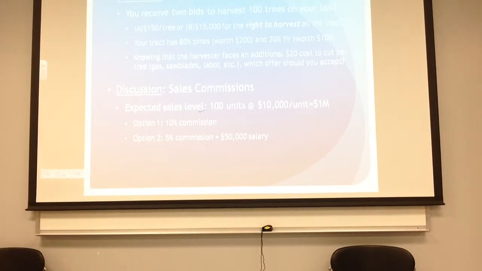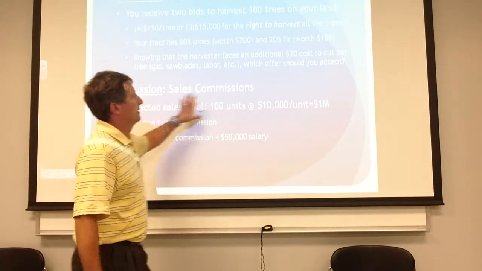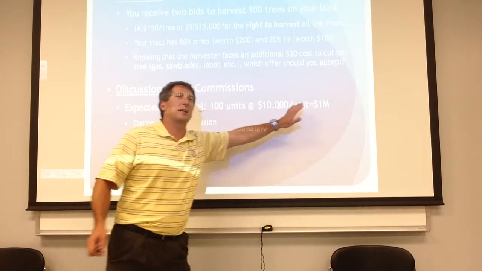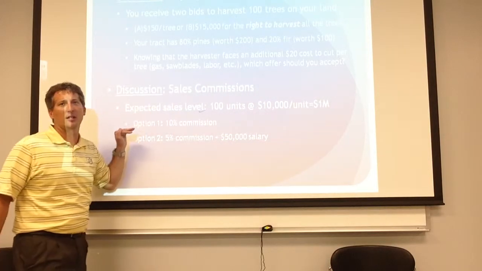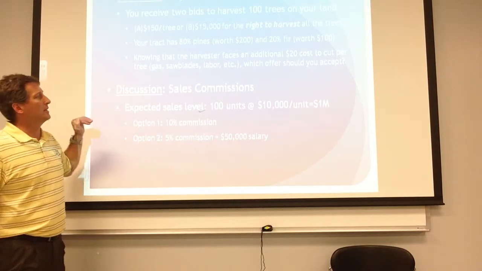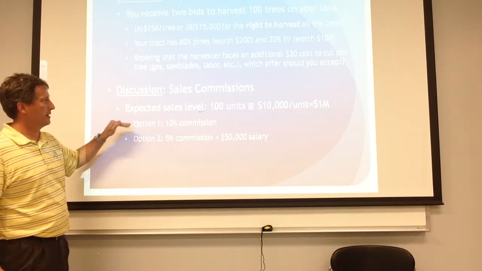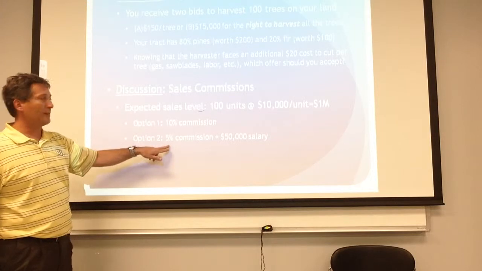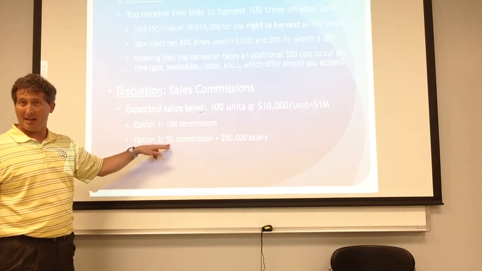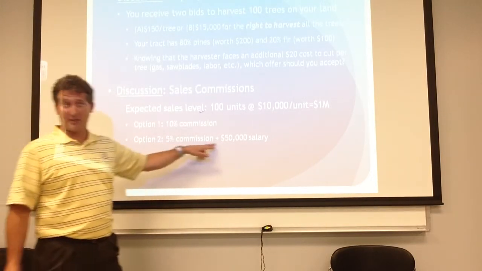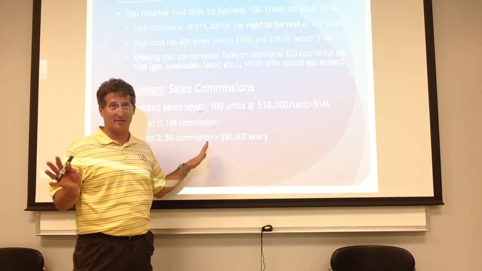So how do these numbers shake out? 10% commission on $1 million worth of sales is how much? 100,000, right? 5% commission would be 50,000 plus a $50,000 base, same deal.